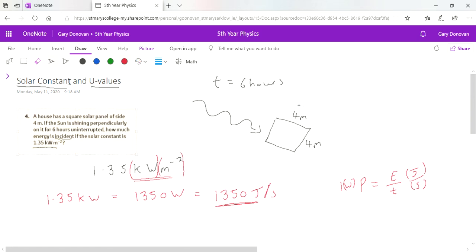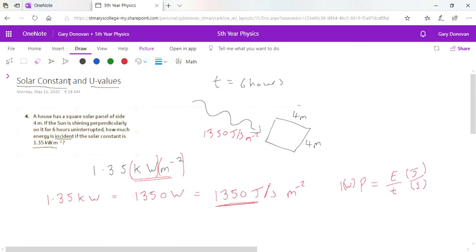Joules per second per meter squared. What do you think that means? It means for every meter squared, 1,350 joules of energy is transferred. So if the sun is falling on it, 1,350 joules are falling on it every second for every meter squared.